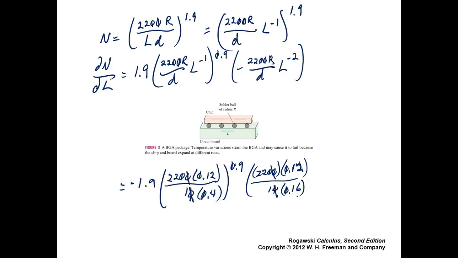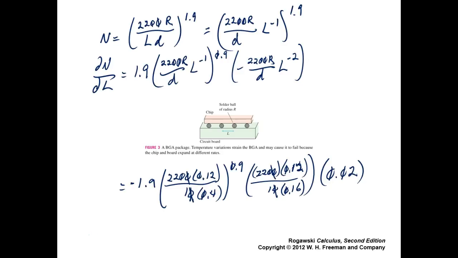It's in the denominator. Okay. And it asks for estimate the change in N. Okay. So you multiply this by your delta L. Your delta L is 0.02. So you're changing from 0.4 to 0.42. I think that gives you your answer.